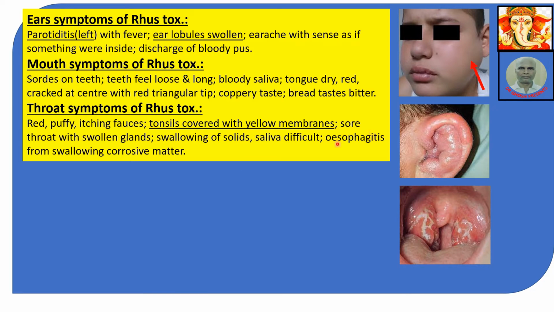Esophagitis, that is inflammation of the esophagus, from swallowing corrosive matter, some dilute acid or alkaline solution or a solution like this. If there is esophagitis, then Rhus Tox can antidote that.